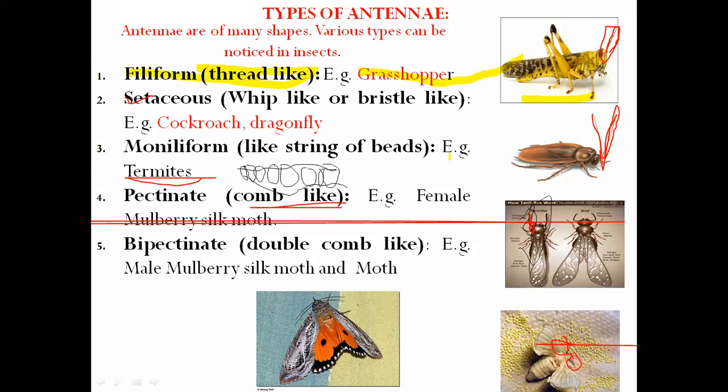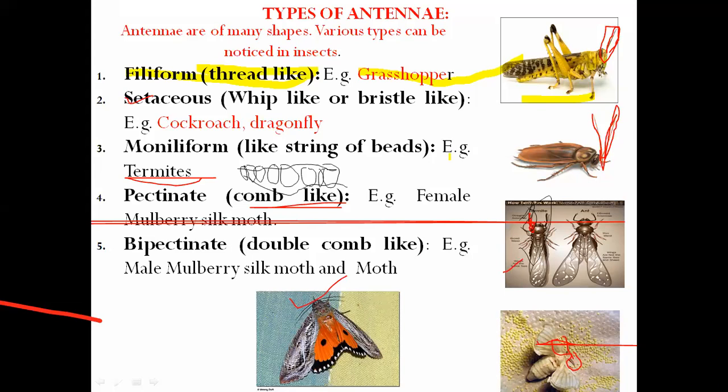Now bipectinate means long slender lateral processes on both sides of the antenna, like a double comb. Those insects having it are, for example, the male mulberry silk moth. The segments have long slender lateral processes on both sides, double pectinate, known as a bipectinate antenna, present in the male mulberry silk moth and also in other moths like the fruit sucking moth.